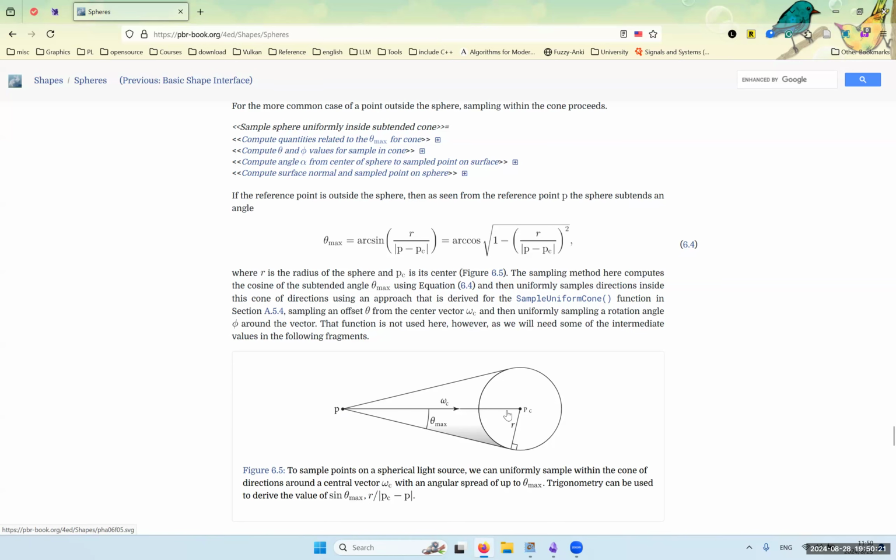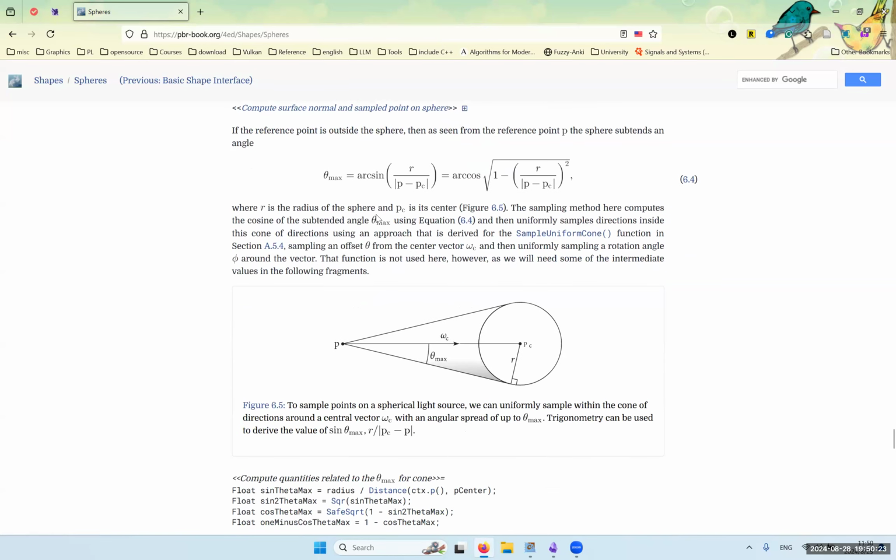So it's this graph, and we get R divided by, wait, P. Okay, I see.